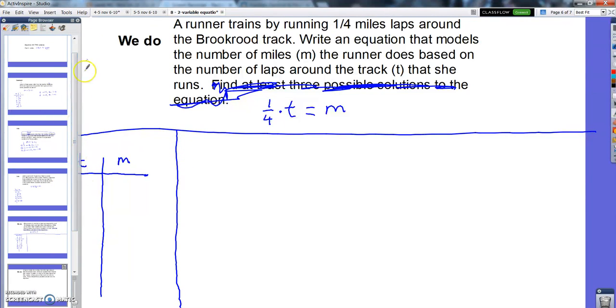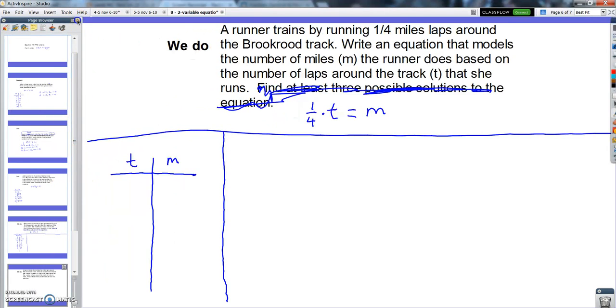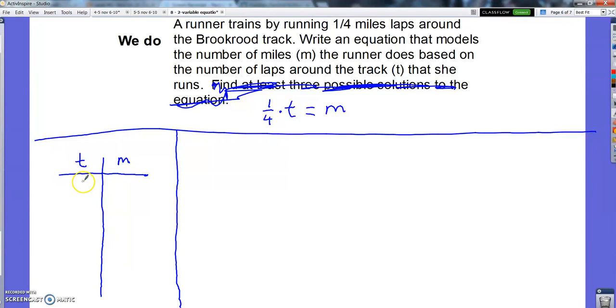So some days, not every day, but I'm sure some days she doesn't run. So that'd be no laps, would be no miles. She could run 1 lap, which would be 1/4 of a mile. She could run 2 laps, which would be 2/4 of a mile.